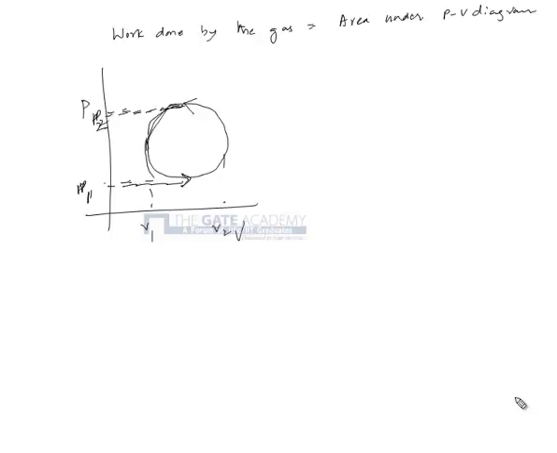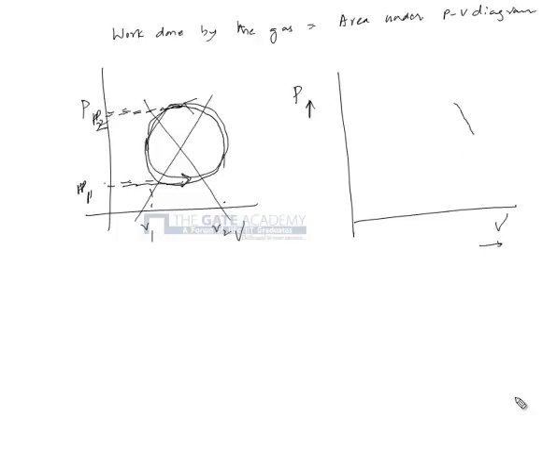Let me draw the circle correctly. Let us redraw it again very carefully. This is V, this is P, and this is my circle or the ellipse. See, I haven't said this is a circle. It looks like a circle, but I didn't say that.